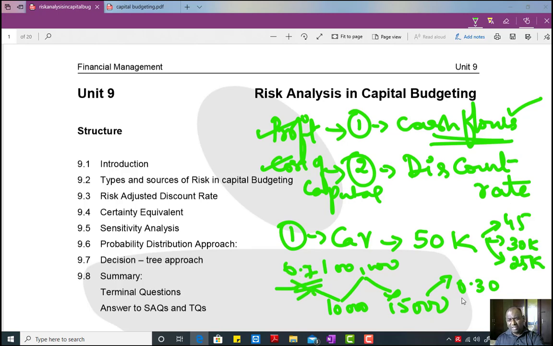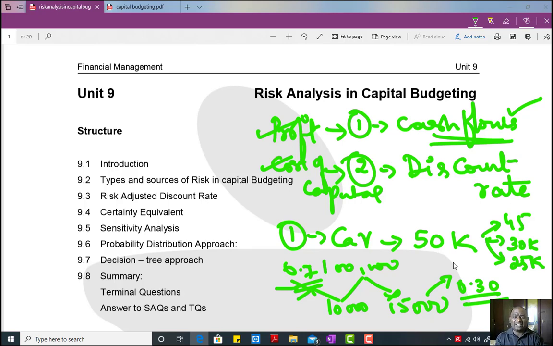We arrive at this probability based on our past data or industry comparison. To work out probability you must understand a lot of past data, but you don't need to worry, because in this examination they very clearly tell you the probability.